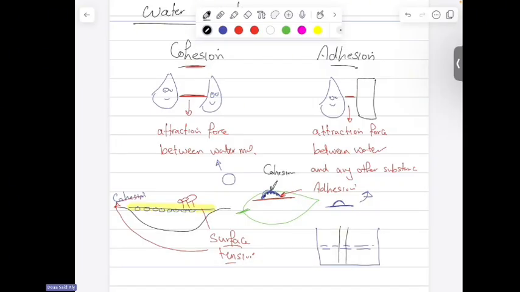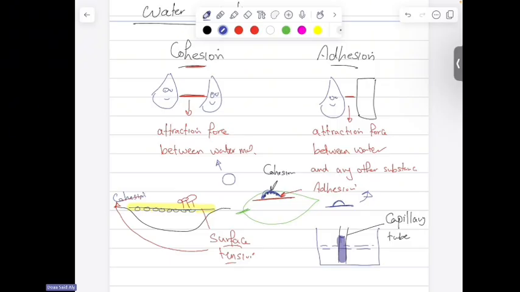What do we call this thin tube? Yeah, capillary tube. A capillary tube is a very, very narrow tube. When we put this tube in the water, what happens? The water rises in the tube. As you see here, the water rises in the tube.